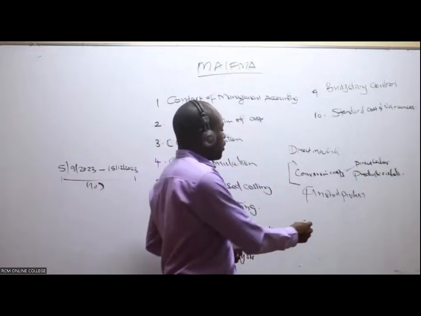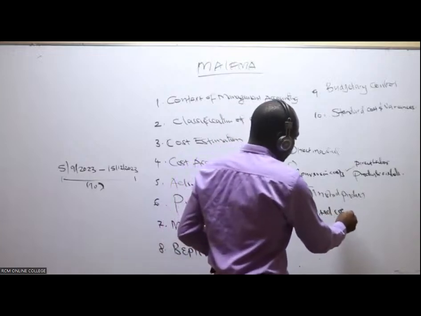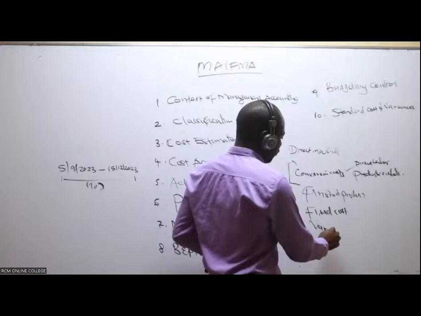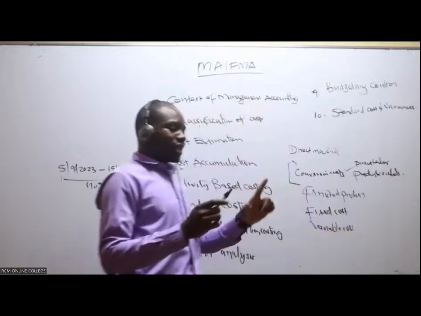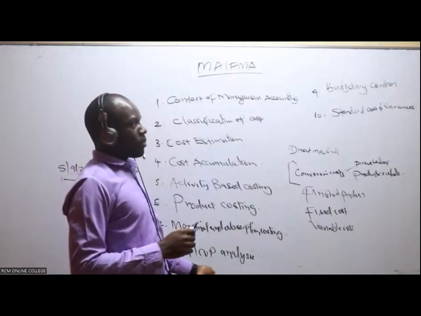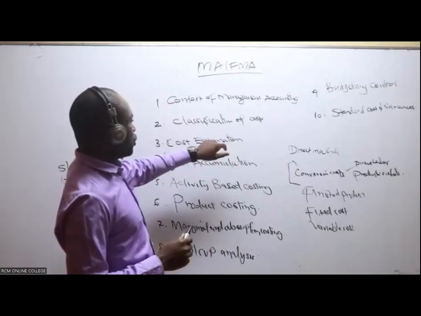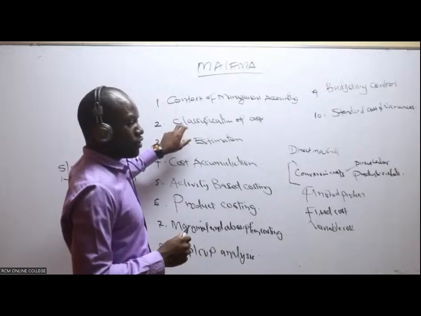We are going to deal with either fixed cost or variable cost. That is what you need to understand when you are doing your topic number 8. Still taking you to topic number 2, under classification of costs.